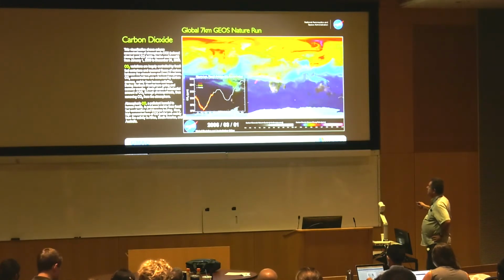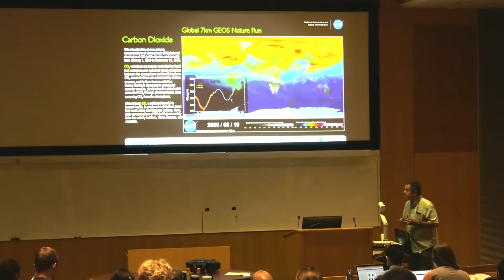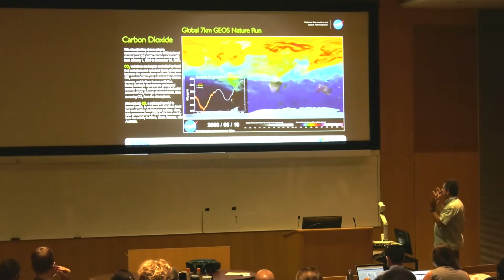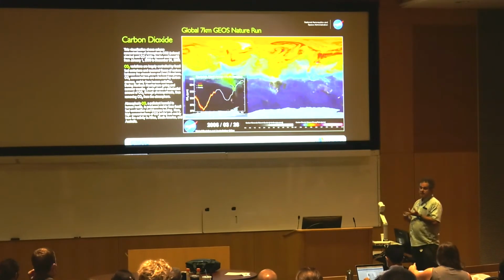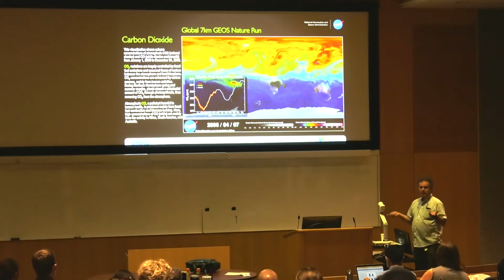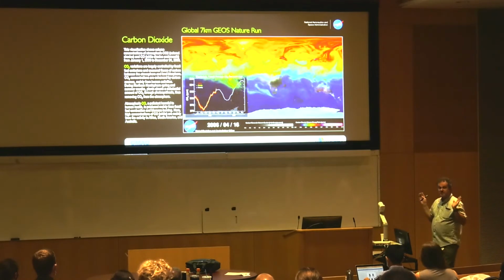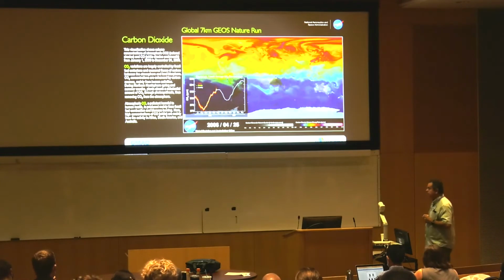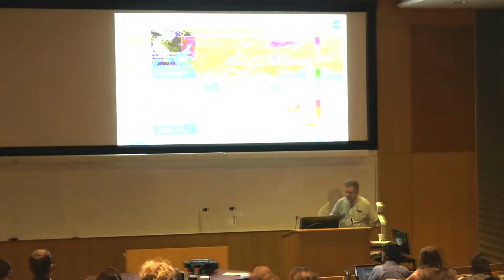You can see the oscillation due to the seasonal cycle in uptake by vegetation and so on. So modeling of the carbon cycle, understanding the fluxes, where the carbon is going, is something that's really important. And a great effort is being put into trying to understand to what extent you can have satellite data constraining some of those processes. And PACE may be able to contribute to that as well.